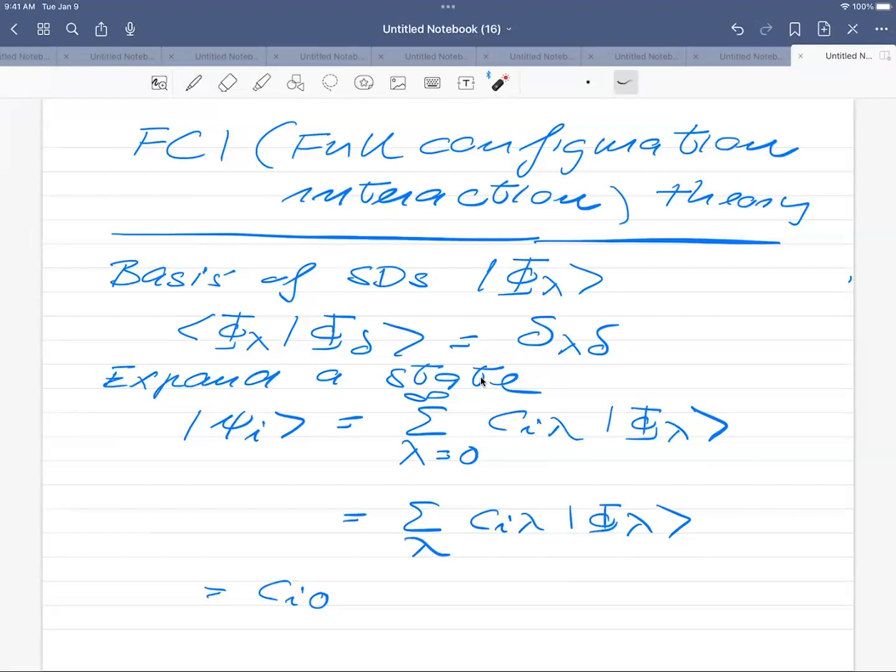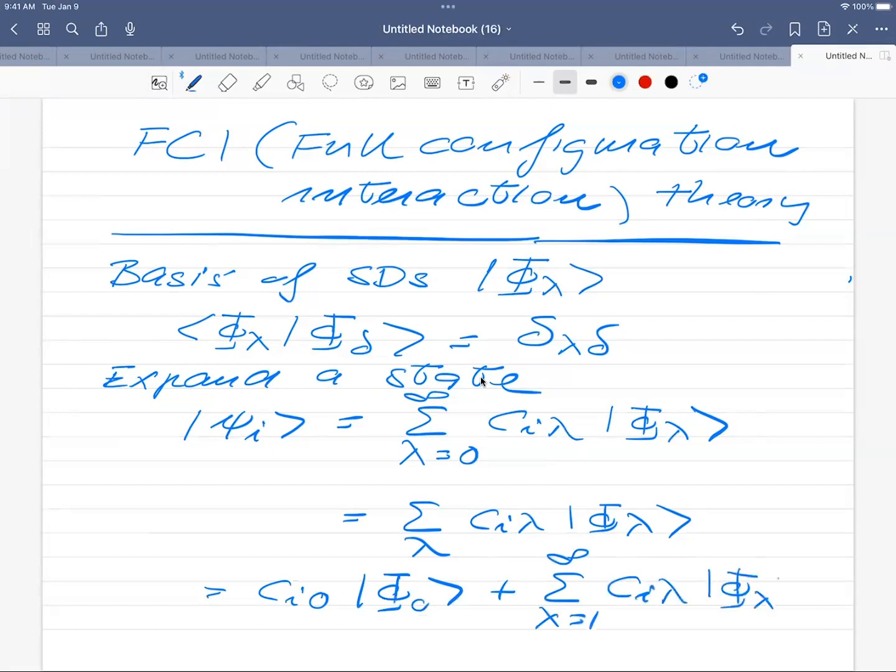And I'm going to go through these details now, just to remind you of these technicalities, which you may have seen when you took a course in linear algebra. And this now gives us a sum over lambda equal 1 to infinity in principle, and then I have a C_i lambda. So I'm singling out the ground state here, and the hope is obviously that this ground state ansatz which we have here, this is our reference vacuum, by the way.